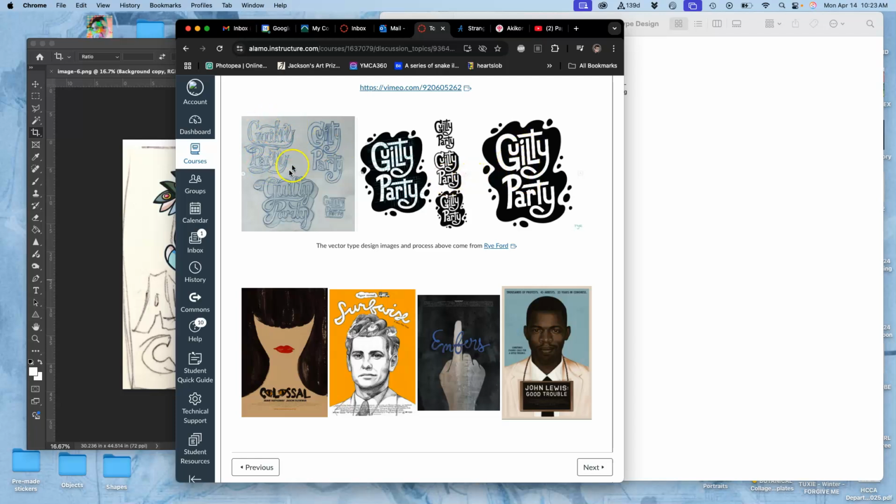You see in their concept sketches, this is by a typographer named Rye Ford, you can see that they use some script type, they use some serif decorative types, but the one that they liked the most was this kind of more zany version of a modern type approach. And then they designed the negative space around it, just like you would for a logo, and they turned it into a vector, and then you have the finished design here.